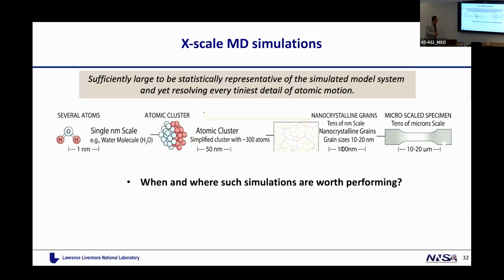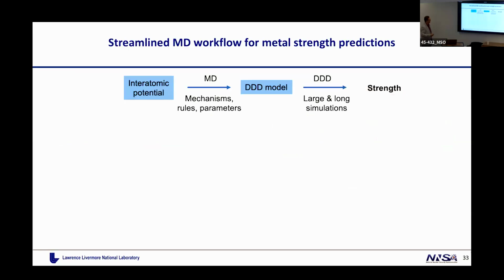But it's not only one take. What are they good for? What really deserves a simulation of that scale? So let me lament in a few slides what really happens. Going back to dislocation dynamics, this is how dislocation dynamics schematically works.